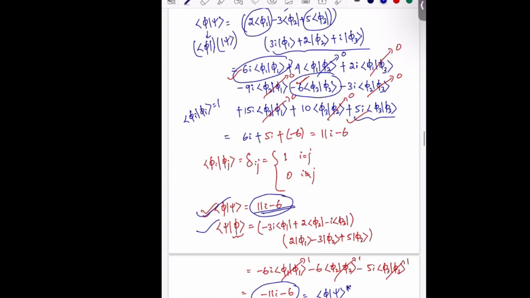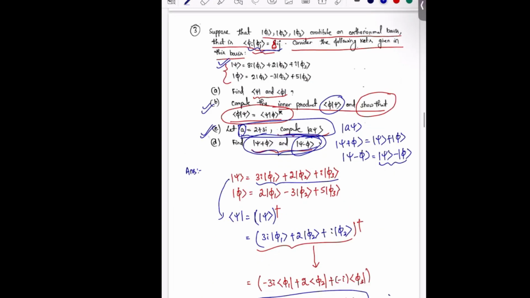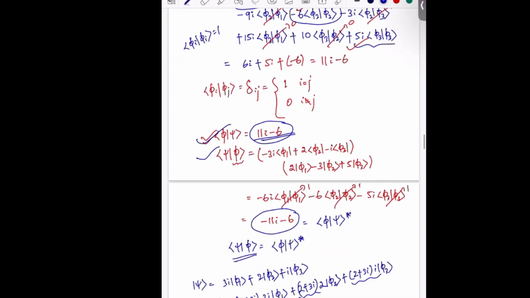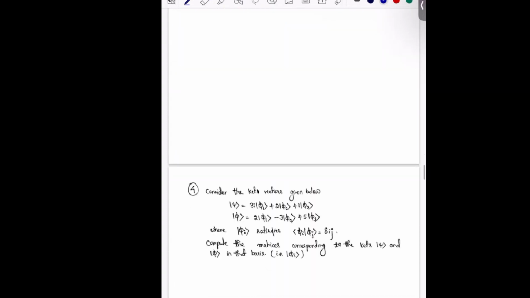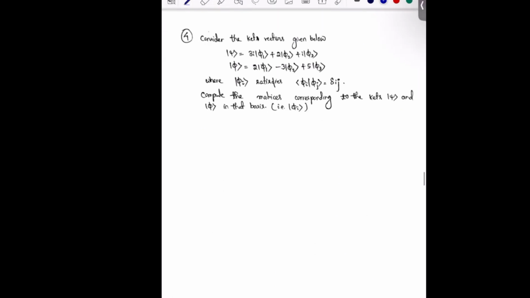I think everyone can find the next one, which is nothing but the subtraction of this from this. So I'm skipping this question and going to the next one. Consider the ket vectors given below, psi and phi, where phi i satisfies the Kronecker delta condition.